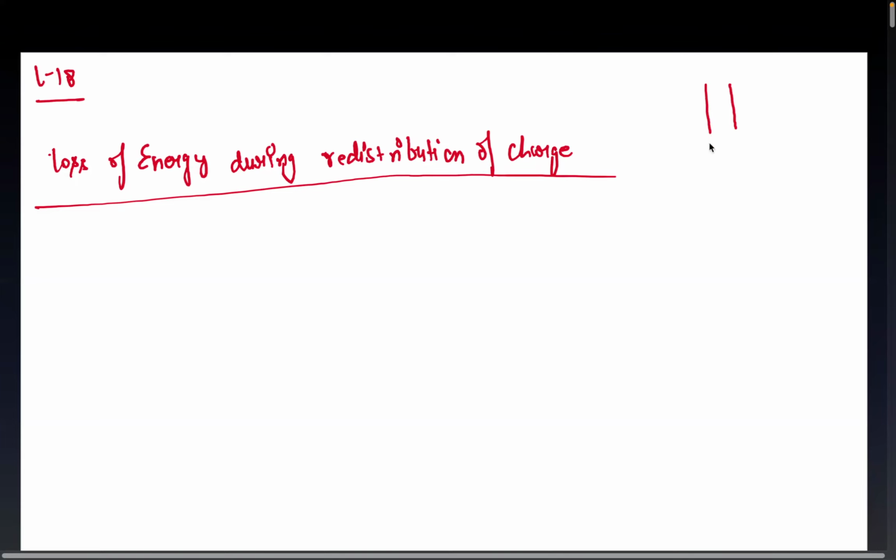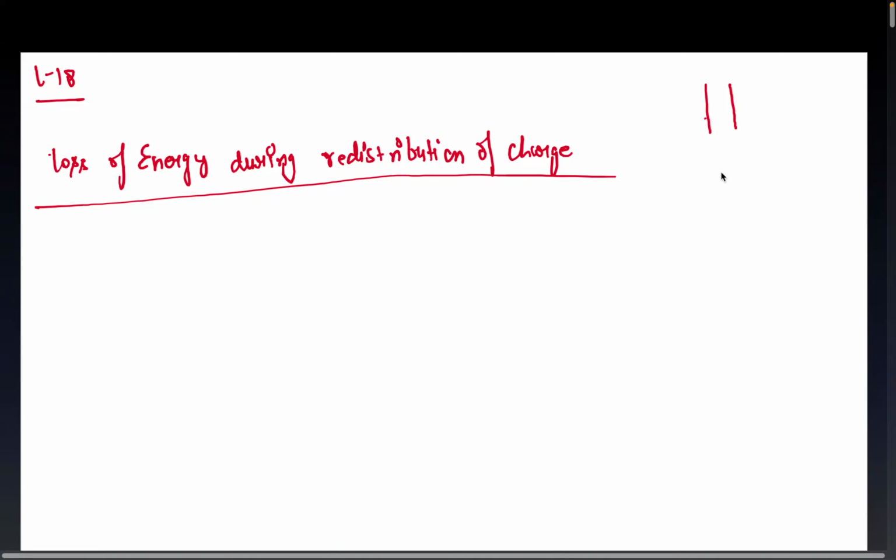To make a parallel plate capacitor, you need positive charges on this side and negative on this side. So what can we do to make a parallel plate capacitor out of these two plates?